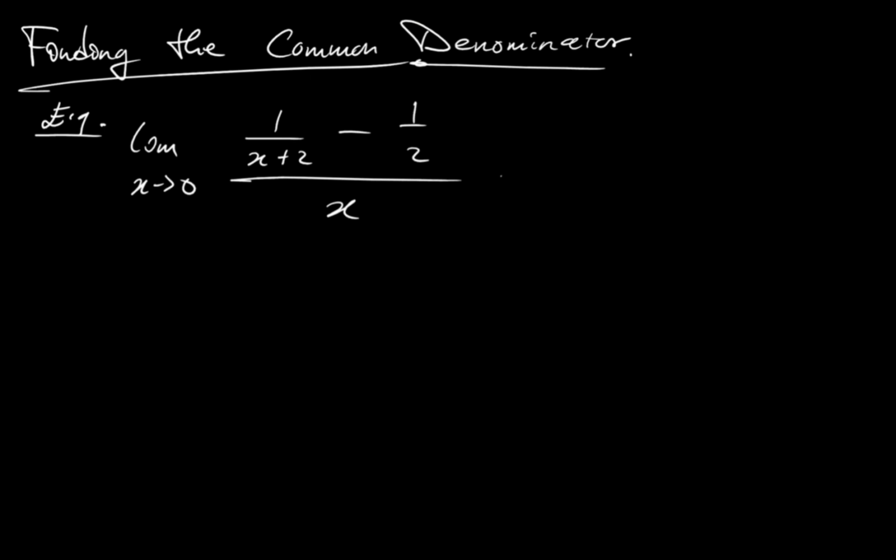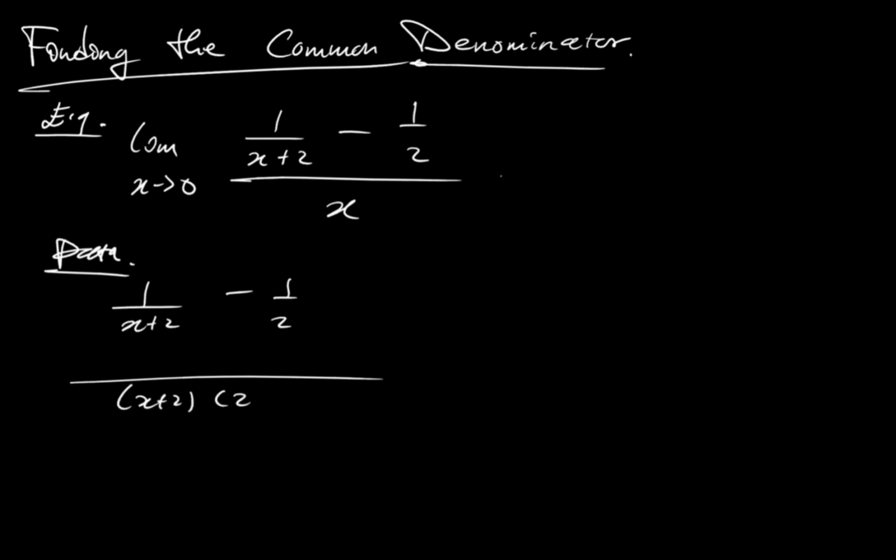So let's find means of simplifying the numerator. We have 1 over x plus 2 minus 1 over 2. You can look for the common denominator here, which will just be x plus 2 times 2. This will give you 2 multiplying 1, just like the way you used to do it, to express in a single fraction.